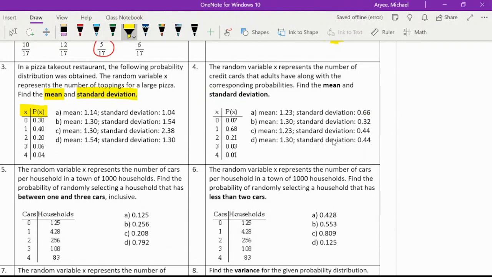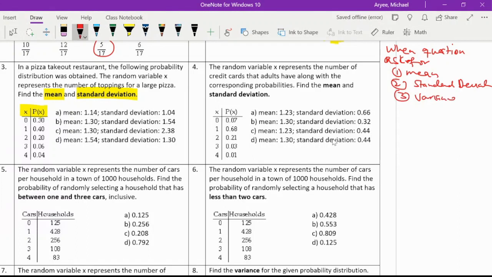When you see questions like this, when the question asks for 1, the mean, 2, the standard deviation, and even 3, the variance, I'll show you, use the TI 83, TI 84.